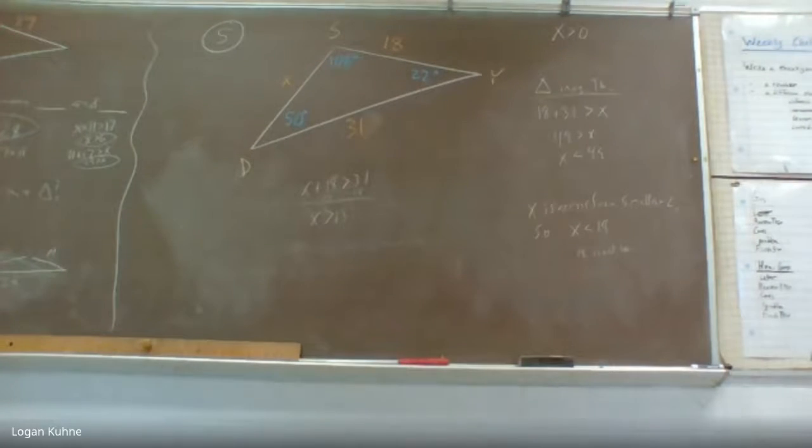Okay. Now, so we did yesterday, you're correct. We also know X has to be less than 18, right? Is there a way we can work that in there somehow?